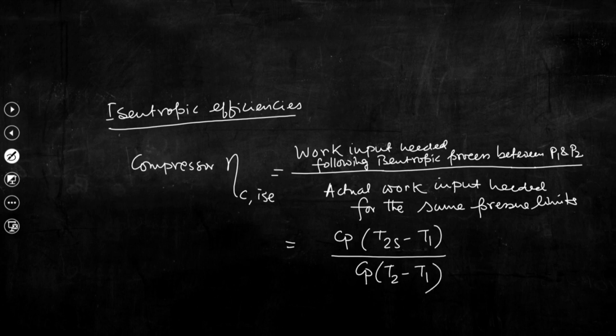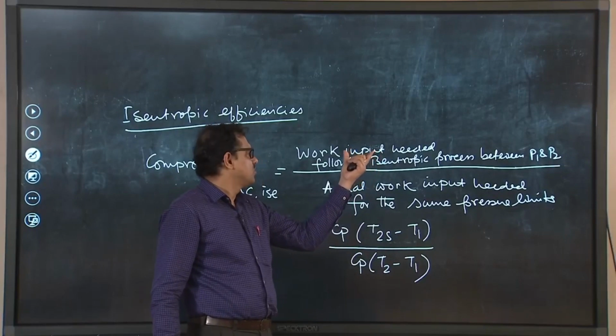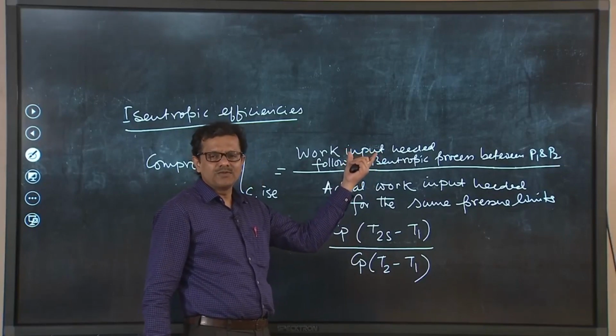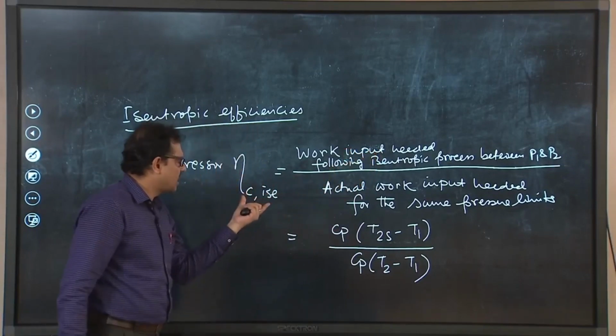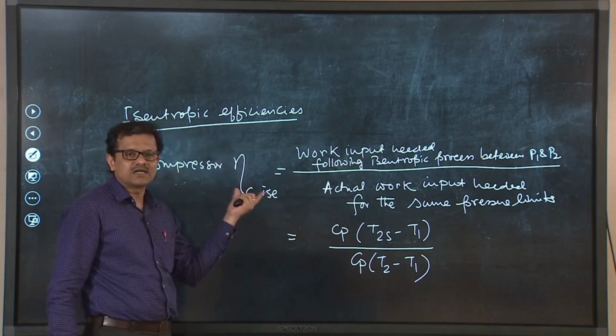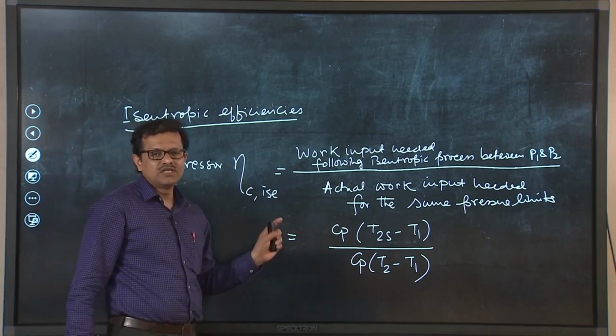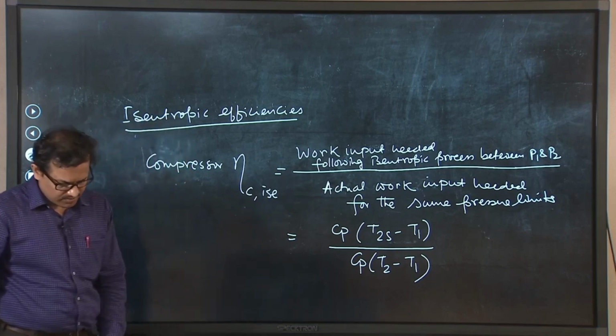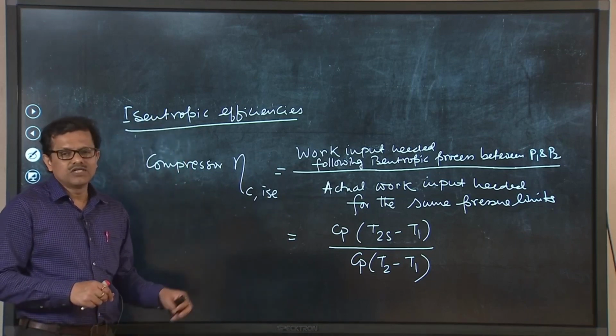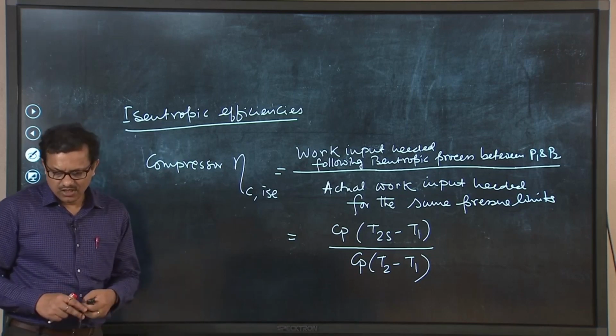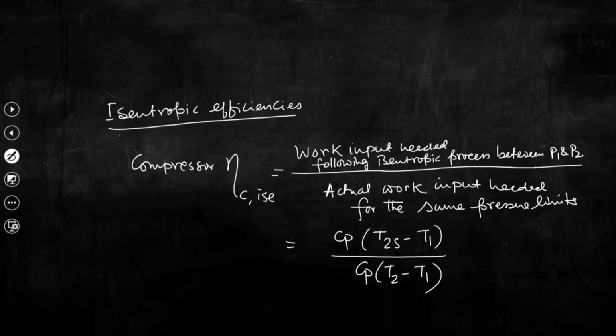Certainly the actual work needed to be supplied to the compressor should be higher than the work needed following the isentropic process. Hence, the isentropic efficiency of the compressor will be less than one.